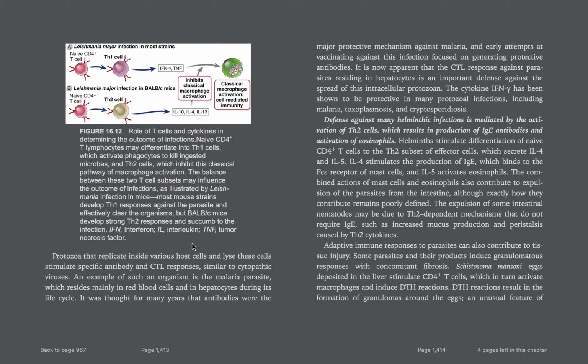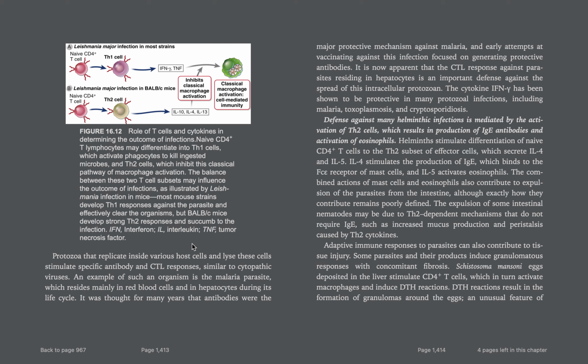Defense against many helminth infections is mediated by activation of T helper 2 cells, which results in the production of IgE antibodies and activation of eosinophils. Helminths stimulate differentiation of naive CD4 T cells to the T helper 2 subset of effector cells, which secrete interleukin 4 and interleukin 5. Interleukin 4 stimulates production of IgE, which binds to the FcE receptor of the mast cell, and interleukin 5 activates eosinophils.